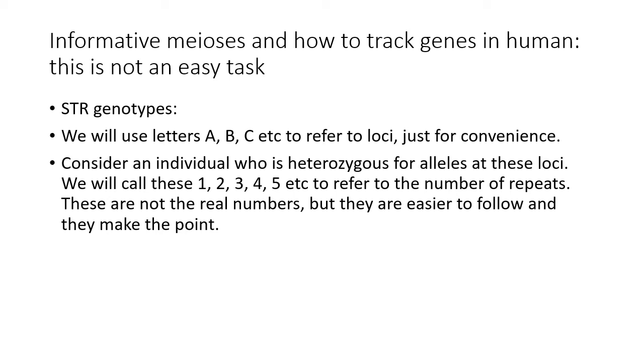You can't look at those kinds of things and follow them very well. So abbreviating those loci as A, B, and C is a very easy way to take care of that. And of course, if you have STR loci, the alleles are going to be things like 10, 11, 12, 13. We're just going to use 1, 2, 3, 4, 5, 6 to refer to the number of repeats. These are easier to follow, they make the point, and they make it a lot easier to look at when you're trying to figure out what's going on in a pedigree.